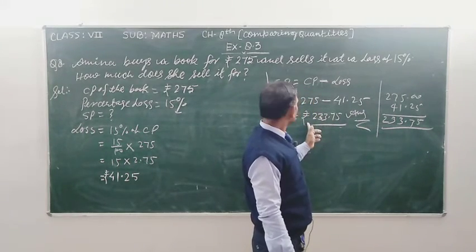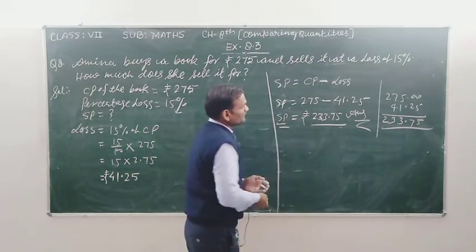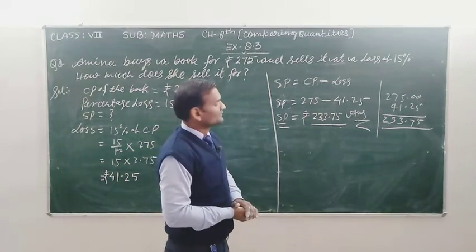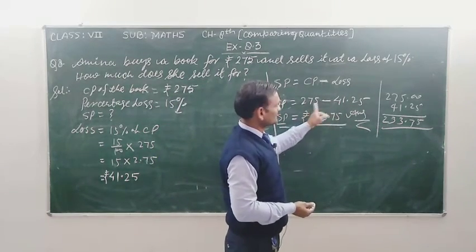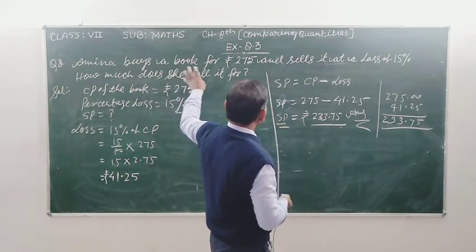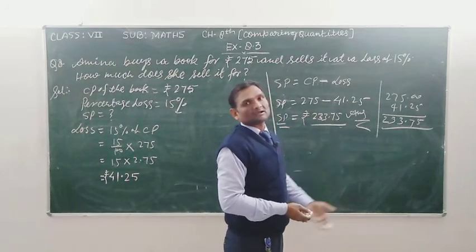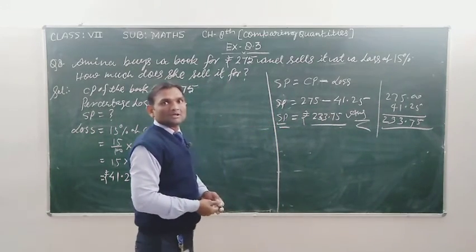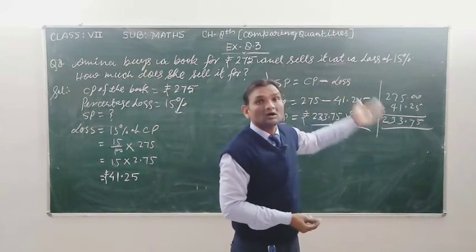This is the SP, sorry student. At this price, Amina sells the book. इस प्राइस पर उसको सेल कर देगी. If she gets a loss of 15%, अगर उसको 15% लॉस हुआ तो.